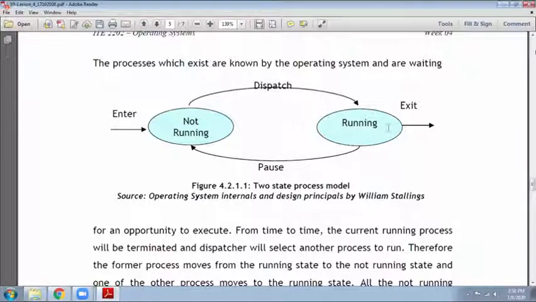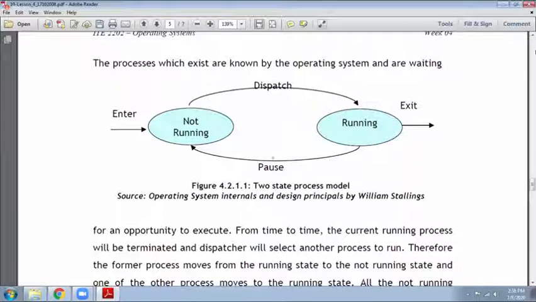While you are running a program, if we pause it, it's very common when you run an audio program, there's a pause button. So if you click pause, it is no longer running, right? Then you have to put it into the waiting or not running state.